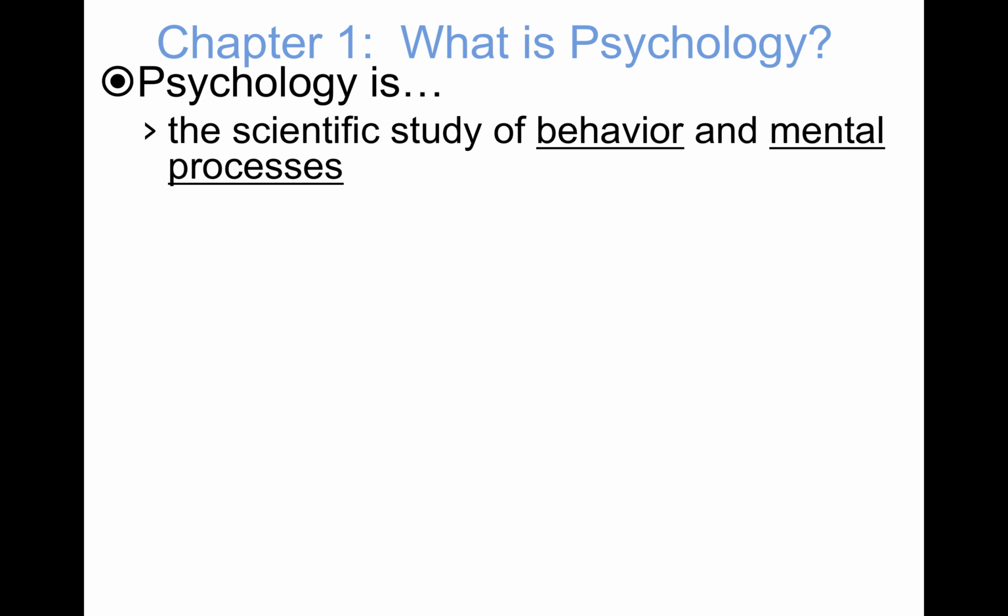Now, most of us study behavior and mental processes. Some of us emphasize one more than the other, but just to give you an example of a classic study that combines behavior and mental processes, there's a well-known series of studies in social psychology that found that people who are attracted to one another and comfortable with one another tend to mimic each other's body language.